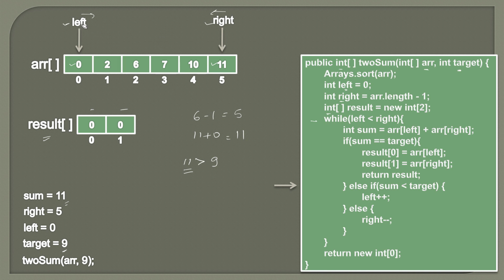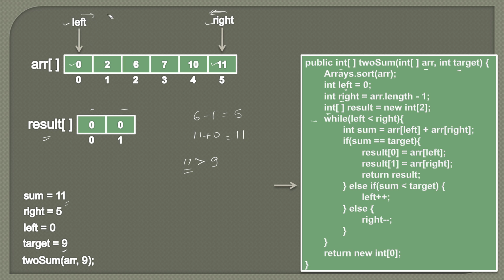So here you can see, if we go left this side, we will get a value greater than 0, and if we go in this direction to right, we will get a value which is lesser than 11, and we want to reduce this sum.